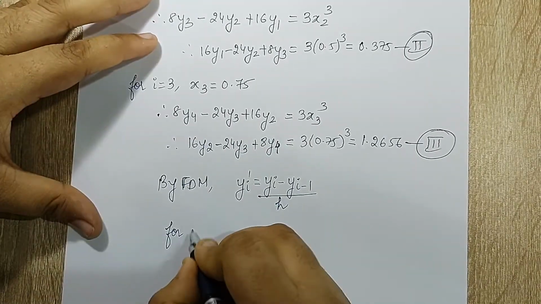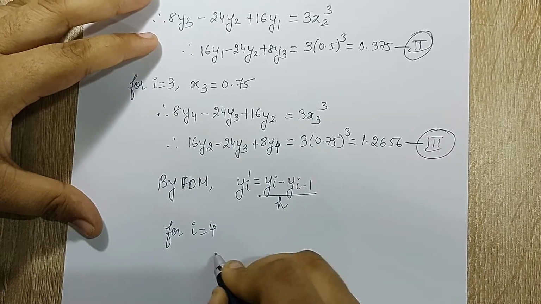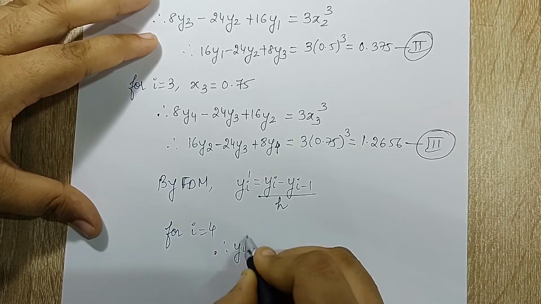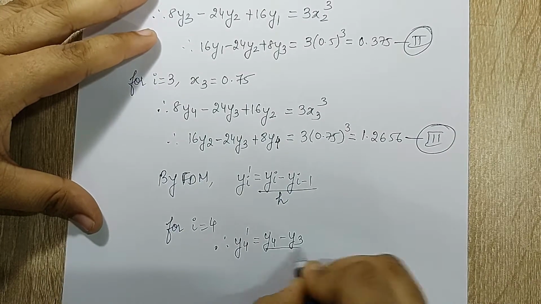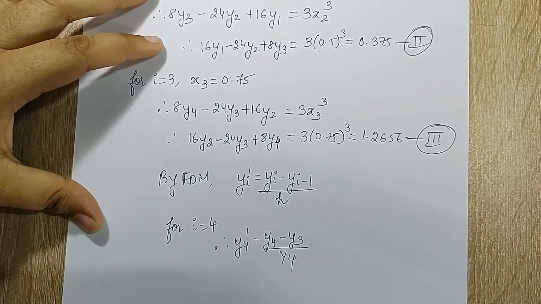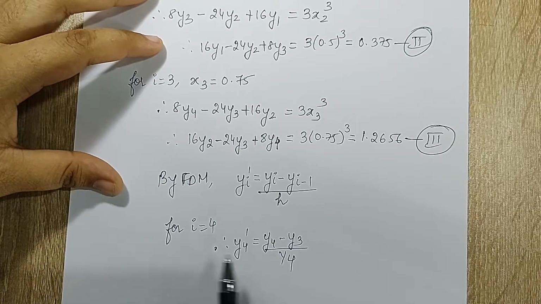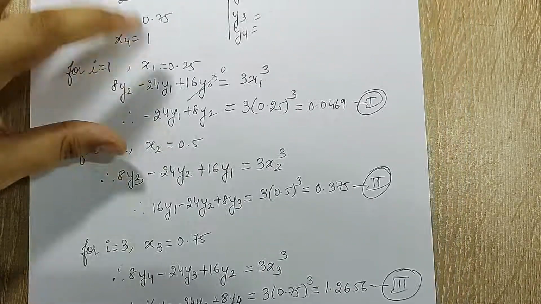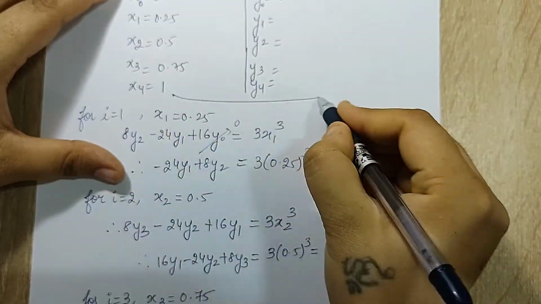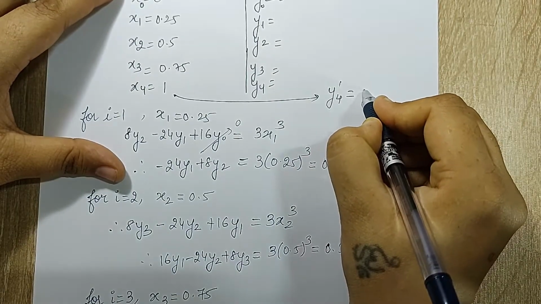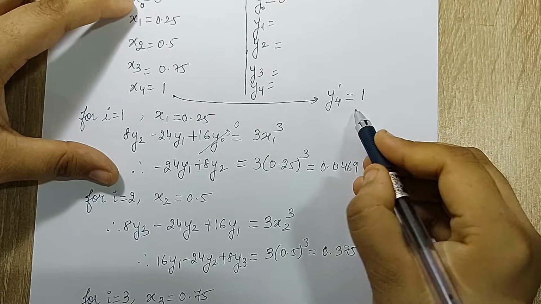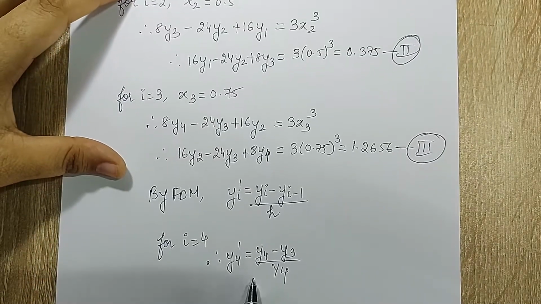If I substitute i is equal to 4, therefore I get y4 dash is equal to y4 minus y3 upon 1 by 4. Why did I choose i equal to 4? Because I got y4 dash, and as you know, at this point I know y4 dash is equal to 1. Since this value was known to me, I have used this equation.